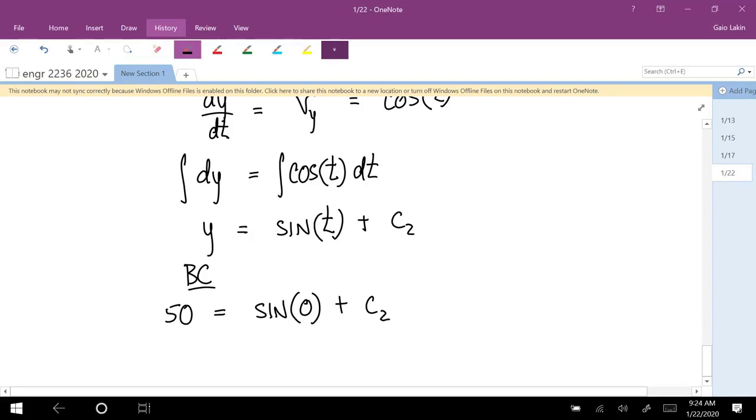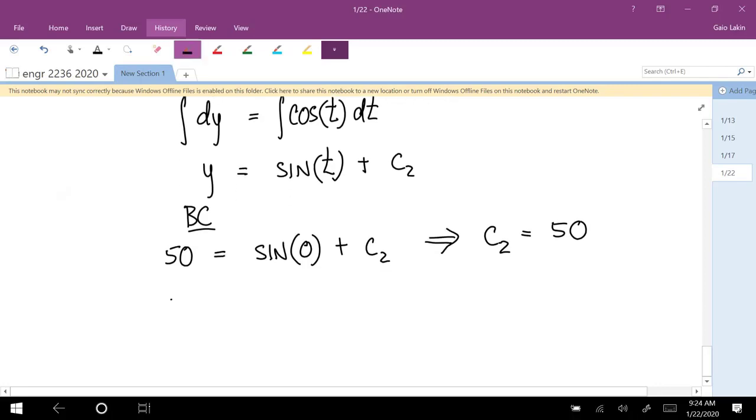Sine of 0 is 0. So c2 is 50. And so y as a function of time is sine of t plus 50.